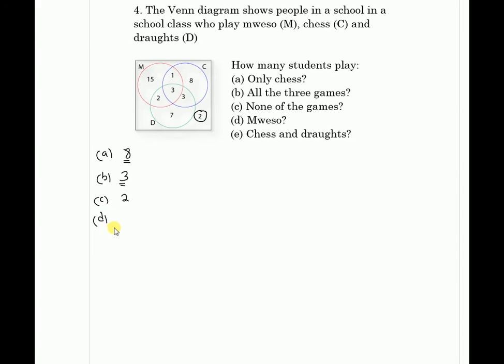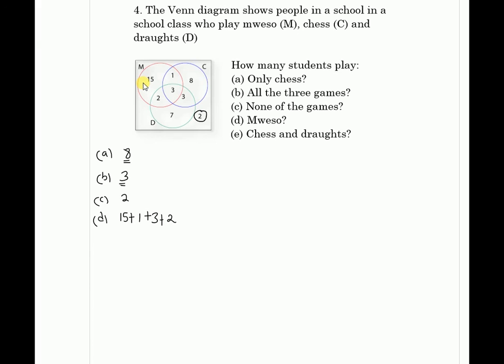Then D, we have those who play mweso. So I have 15 plus 1 plus 3 plus 2. We are talking about all of these people inside the mweso circle. We are adding all of those in the red.